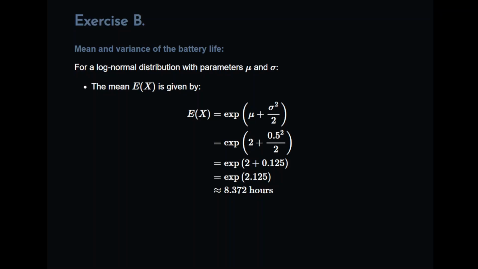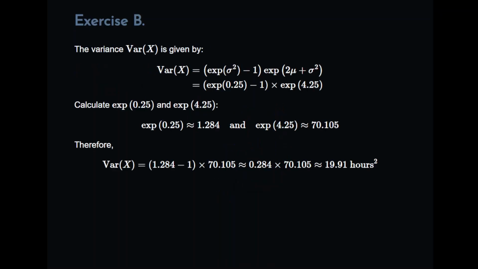Moving on to the variance, the last part. The variance of x is given by this expression here. Just watch out for the different situations with regard to brackets and the exponential. The first part is the exponential of sigma squared, minus 1. So you evaluate the exponential of sigma squared, then subtract 1.